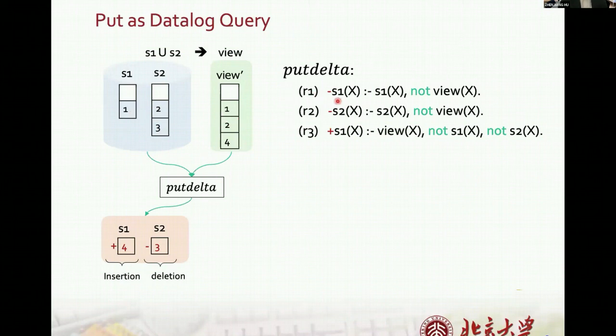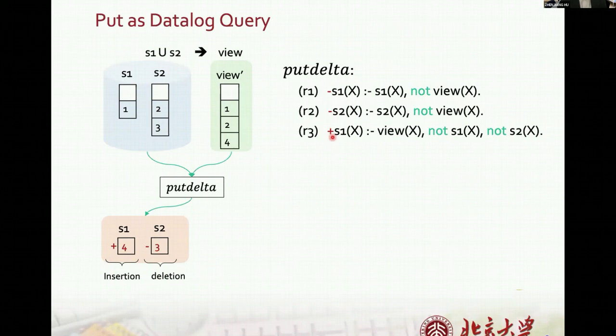What needs to be deleted from S1 is what was initially in S1, but is not in the view table. Then it should be deleted. Similarly for S2. But what needs to be added to S1 and S2, because it's a union? Suppose we use a bias. There are many strategies. If something new is added here, we just put it to S1. So this is a strategy.